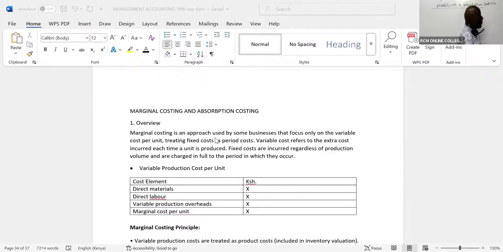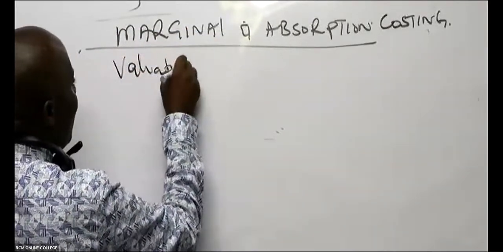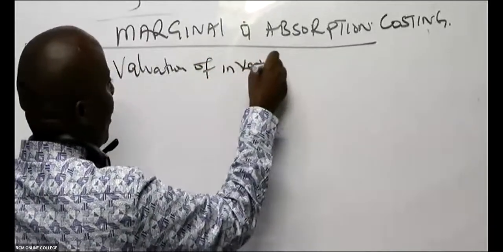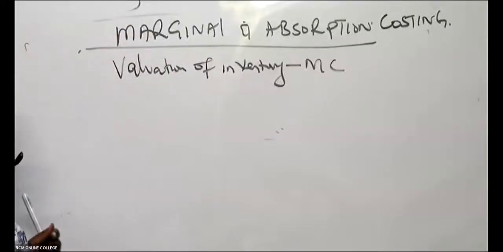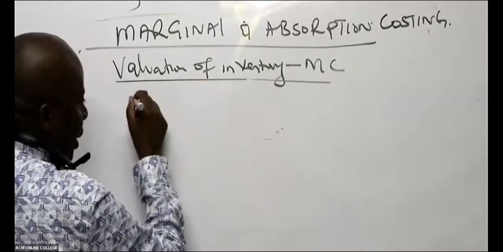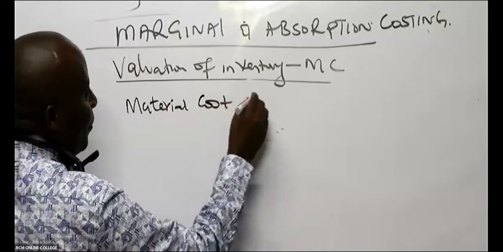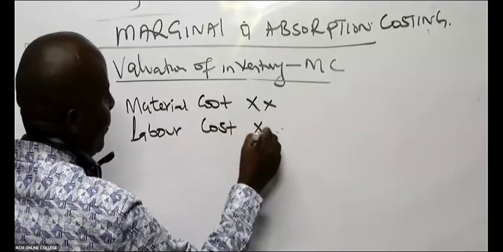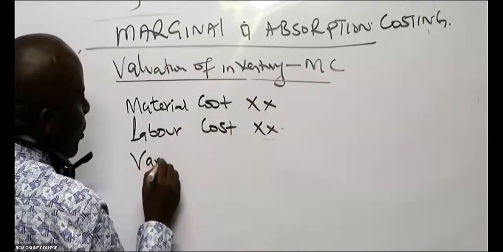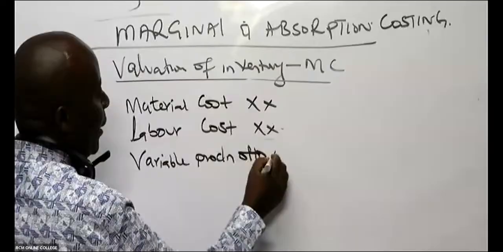Whenever we talk about valuation of inventory under marginal costing, I'll be calling this one MC. This is how we shall always be valuing our inventory. So we have material cost, labor cost, and variable production overhead.